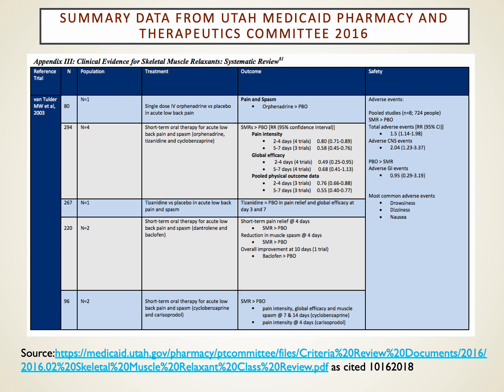The next chart here has some of the clinical evidence for skeletal muscle relaxants systematically. Again, some of the data here is somewhat limited. You could look through it and find any benefit that you may see from reviewing this data. But most clinicians, again, steer away from these agents unless there's a compelling indication.